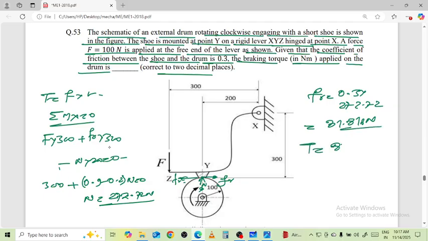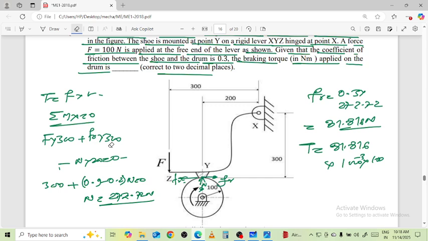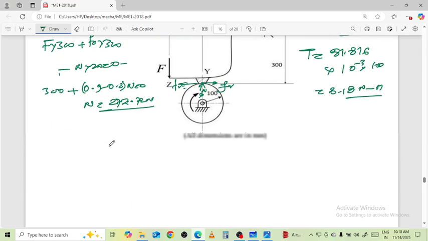Torque is equal to 81.6 multiplied with 100, 10 raised to power minus 3. So the value is B, finally 8.18 Newton per torque. Very easy.